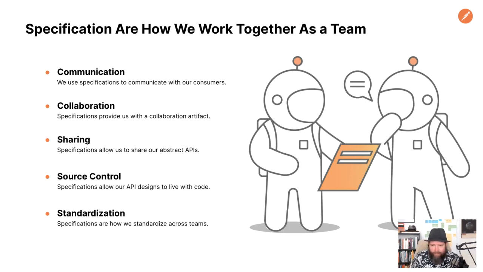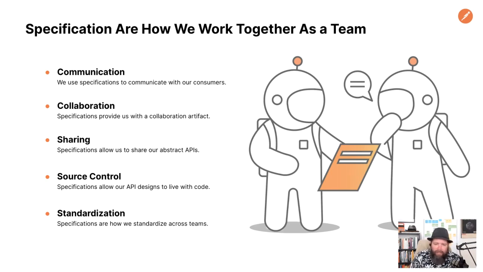So our OpenAPIs and AsyncAPIs live in the workspaces where they're being designed. They live in the GitHub, GitLab, and Bitbucket repositories where the code is being committed and being used across infrastructure to deploy and automate with those APIs. And all of this allows us to standardize across teams.